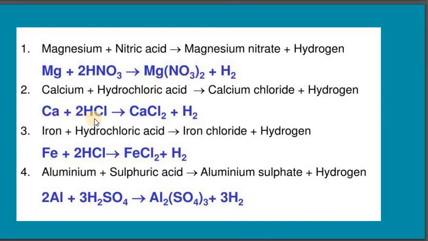Calcium combined with hydrochloric acid and forms calcium chloride salt. Iron combined with hydrochloric acid and they form iron chloride. Aluminium combined with sulfuric acid and they form aluminium sulfate. So all these are salts and hydrogen gas is liberated.